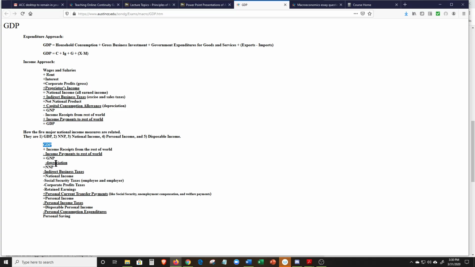Then we subtract depreciation, which is up here. So we're moving backwards here to get net national product. Then we subtract indirect business income to get national income. So basically, we're just reversing the process we took in the income approach up to this point. But now, once we get to national income, which is all earned income, we're going to bring in some other things like Social Security taxes that people who are working and earning money have to pay.